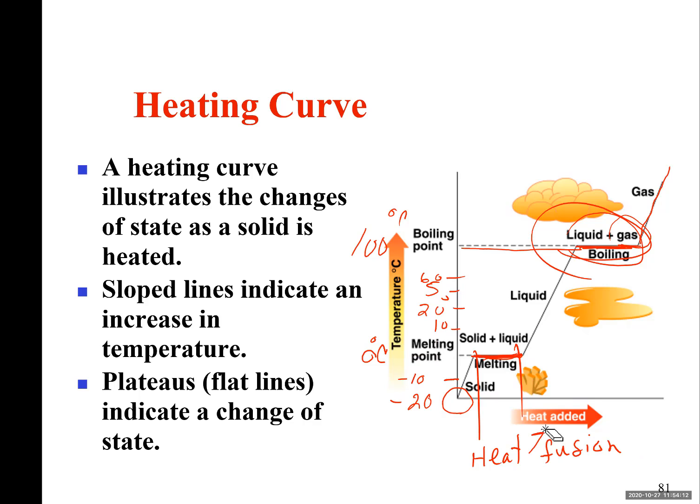Heat is being used to break the interaction between solid molecules. Heat is being used to cause melting. And at this flat area, we are applying heat, temperature is not changing. Why? Because heat is being used to break interaction between liquid molecules. So this is heat of vaporization.